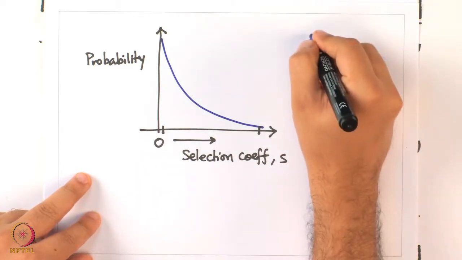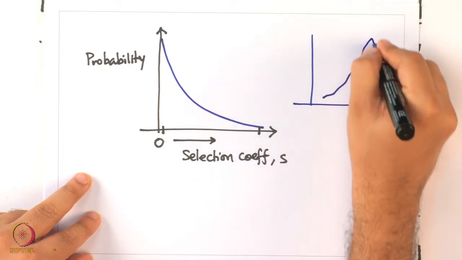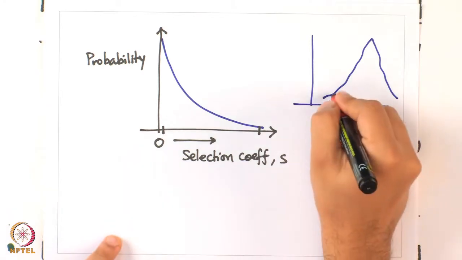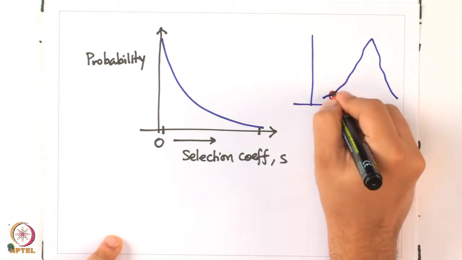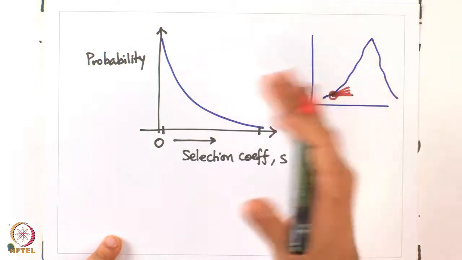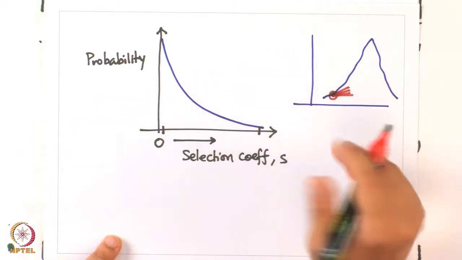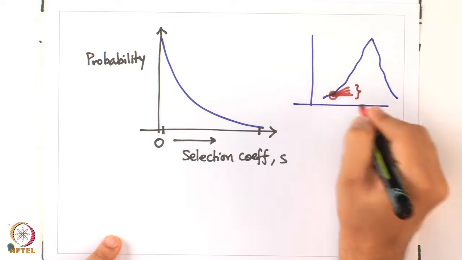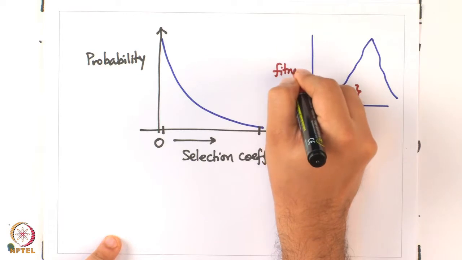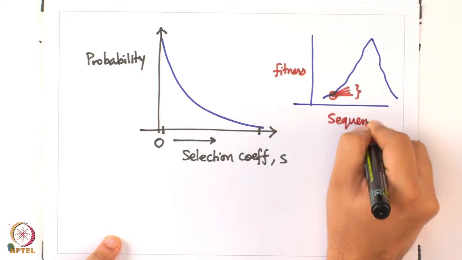If you imagine this on a fitness landscape, imagine this is the fitness landscape and the sequence where the population is at this point, then all these mutations, and similarly, because this is a 3-dimensional hill, you will have equivalent steps on the other side of the hill. So, you have a large number of mutations which confer only a small benefit. Remember, on a fitness landscape, this axis represents fitness and this axis represents sequence space.